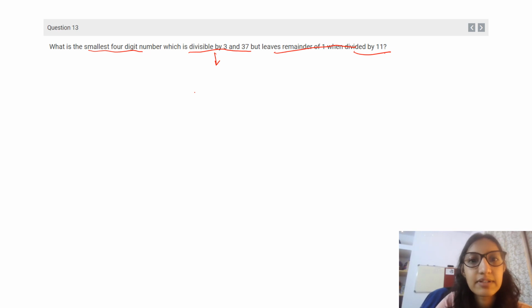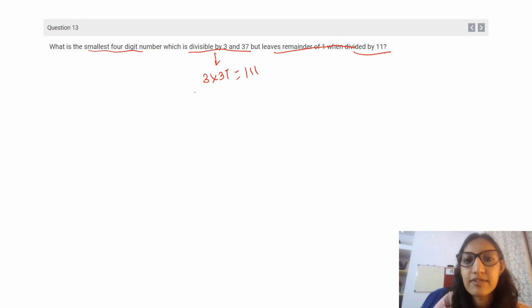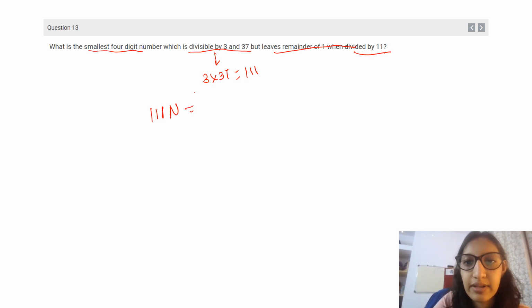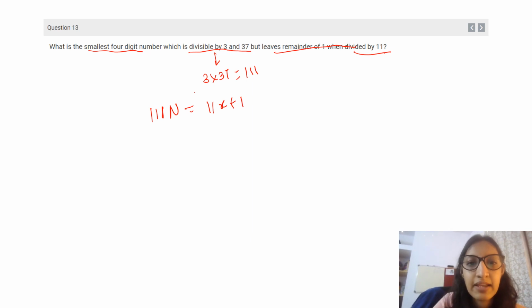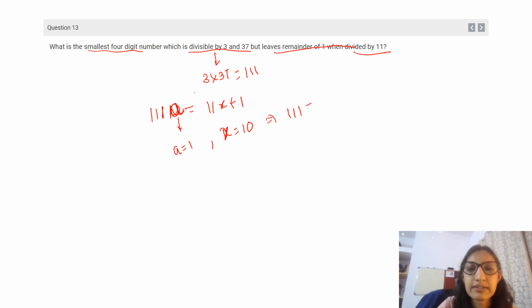The number divisible by 3 and 37 has to be a multiple of 111. So the number must be divisible by 111 and also should be 11x plus 1. The first solution you can easily see is when a is 1 and x is 10. So this will give you 111 equals 11 into 10 plus 1.